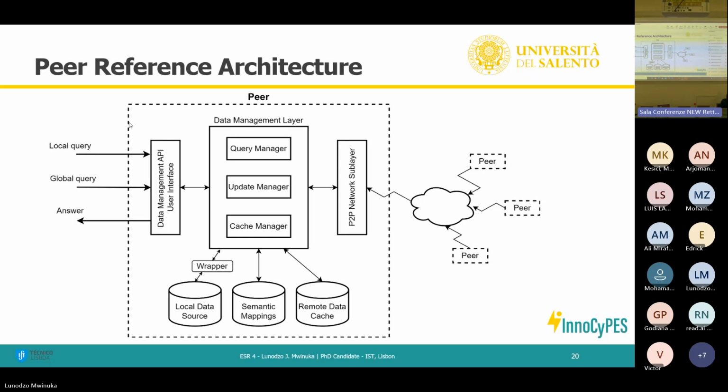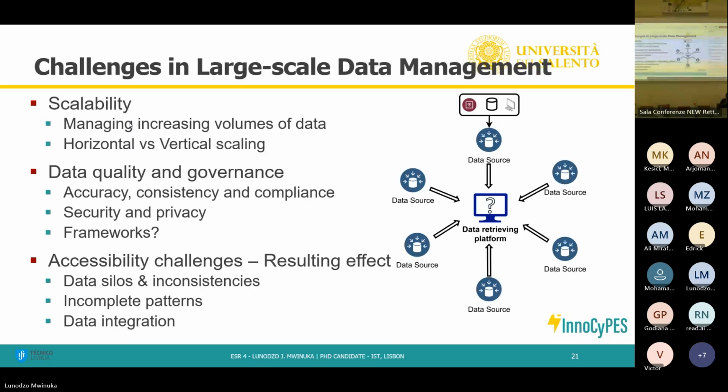Now, if we are to sum up the challenges of large-scale data management, we can group them into three. Number one is scalability. Scaling data management approaches can be a challenge, but data quality is also an issue.